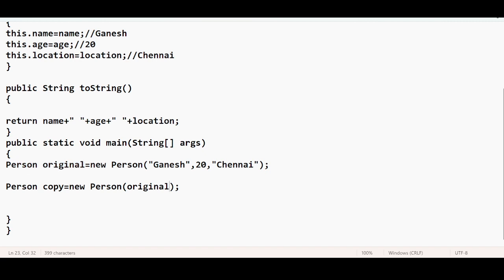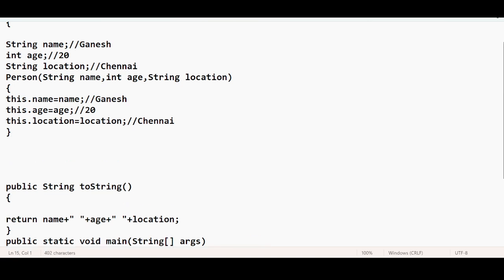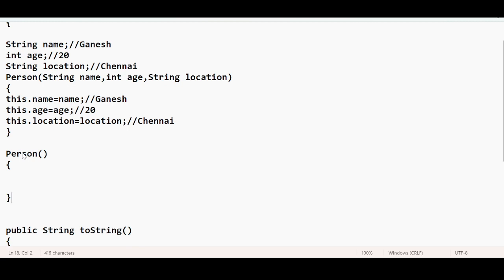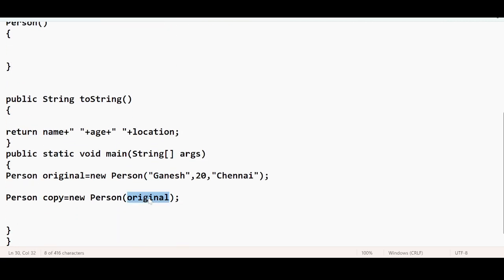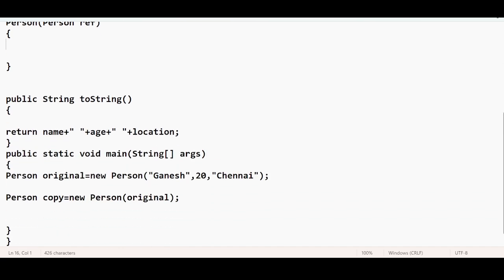I need to place what equivalent constructor? How can I place the equivalent constructor? The name of the constructor is going to be Person itself. We know. So we are passing original. What type is original? Person type, class type, right? So Person, and I can keep any meaningful reference name.